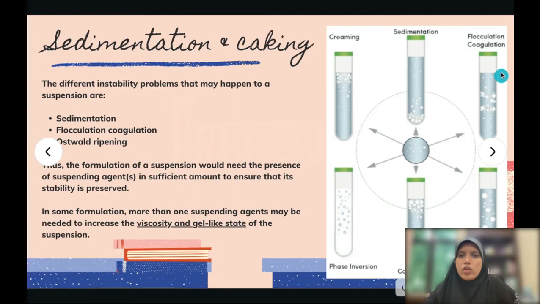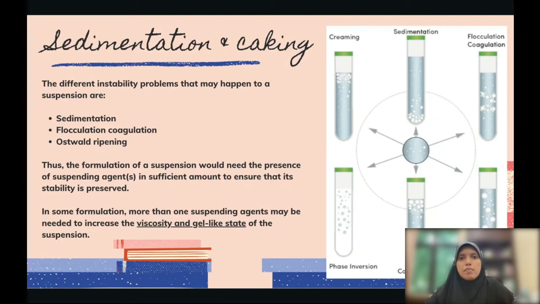If you look at the figure here, flocculation coagulation means that the bigger particles will attract the smaller particles to attach on their surface. When more smaller particles become adsorbed on the bigger particles, the suspended particles will become bigger and bigger.